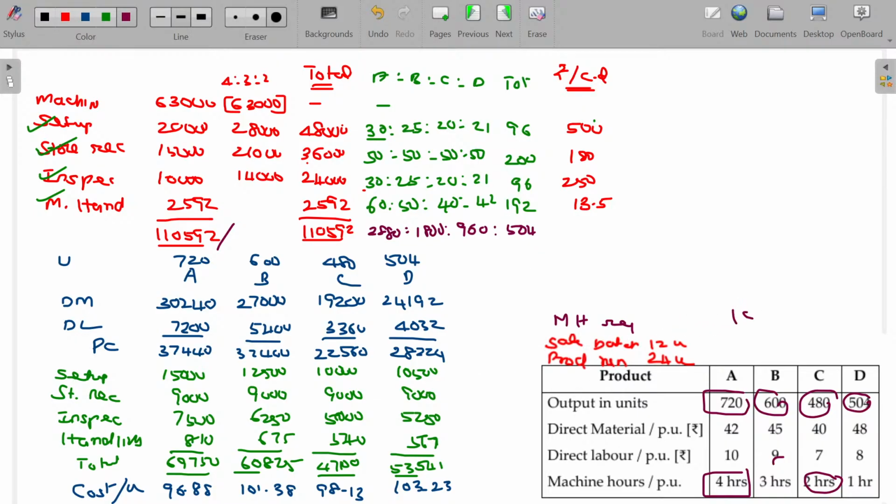You divide the 10,592 rupees overall value by the total, 6,144. Then what is the per hour rate? 18.